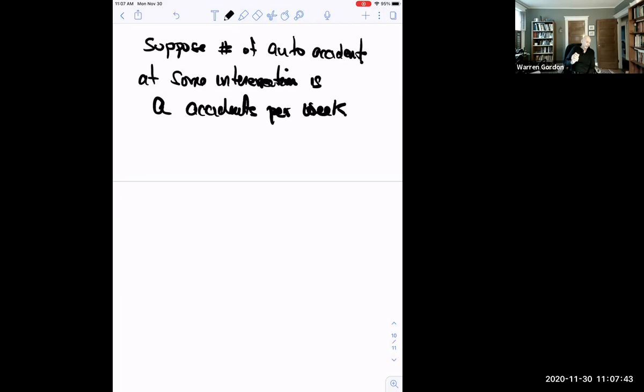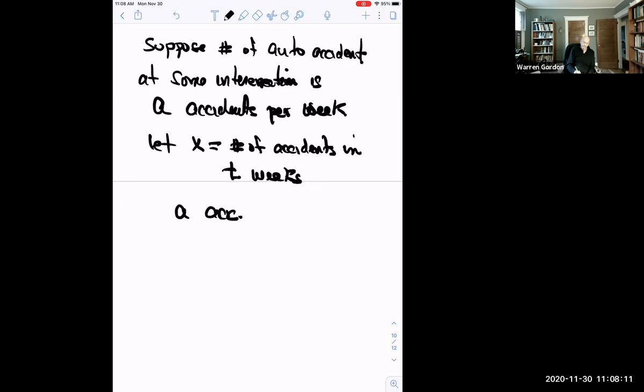Okay. So let's let X equal the number of accidents in T weeks. Well, then if we have A accidents in 1 week, then we have AT accidents in 2 weeks, right?